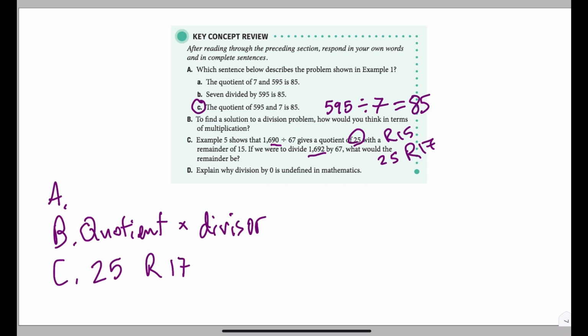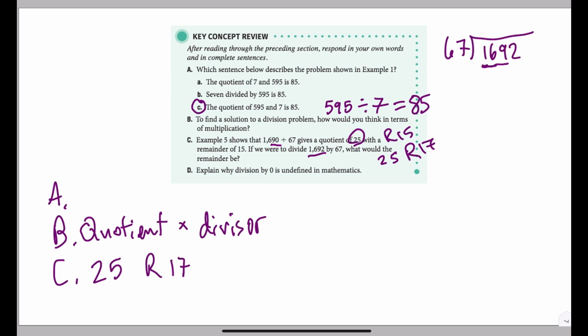Let's go ahead and do it really quickly, since we didn't do this example earlier, actually. So 67, will it go into 1? No. Will it go into 16? Not even. Will it go into 169?